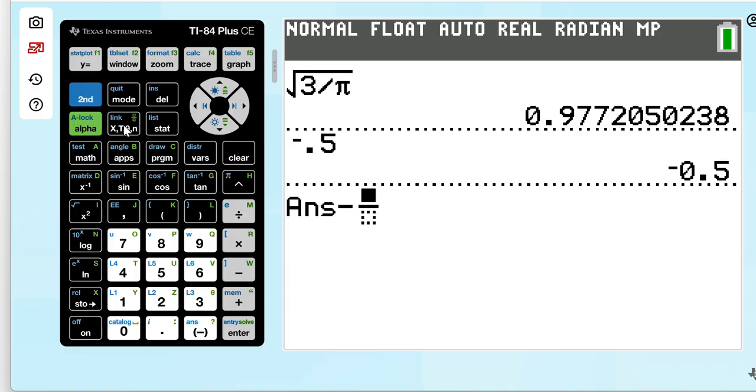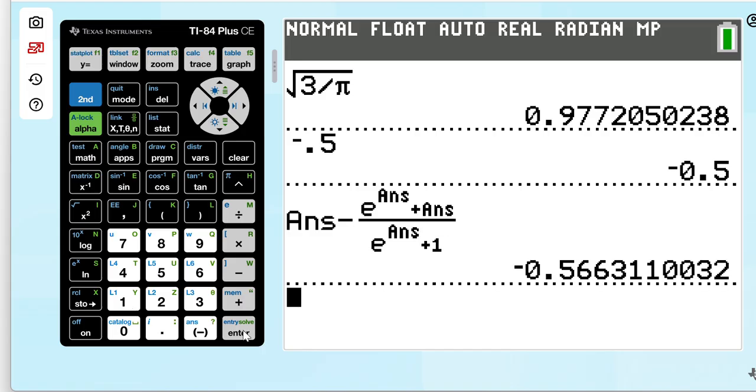If it doesn't, make sure you put the whole fraction in parentheses and the whole numerator in parentheses and the whole denominator in parentheses. So you need 3 sets of parentheses. So now we'll have e to the x sub n, and then it was plus x sub n over e to the x sub n plus 1. And we hit enter.